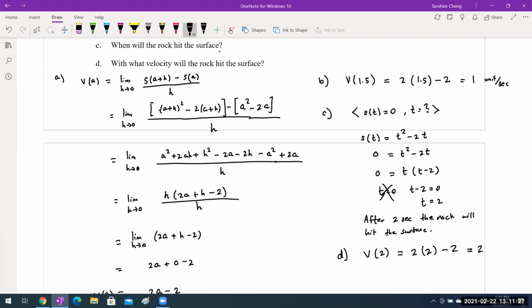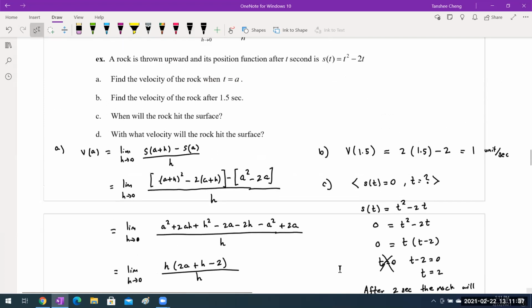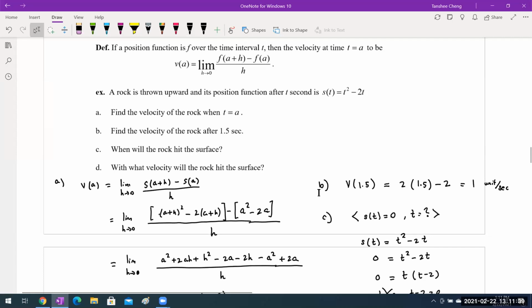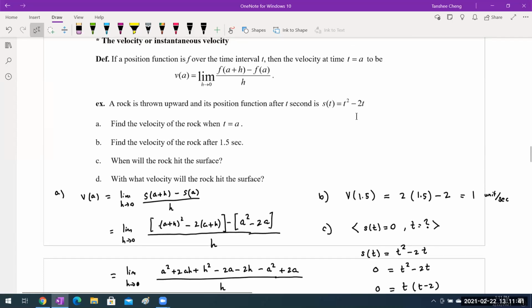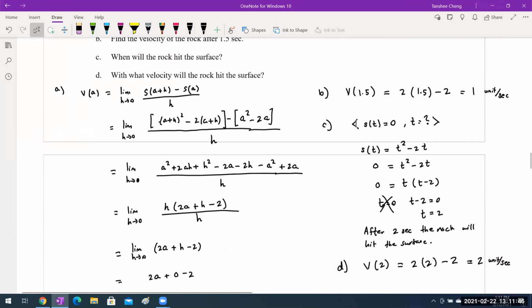So the rock will hit the surface at 2 units per second. Because I didn't mention whether the position function is in feet or inches, we just say units per second. That's velocity.